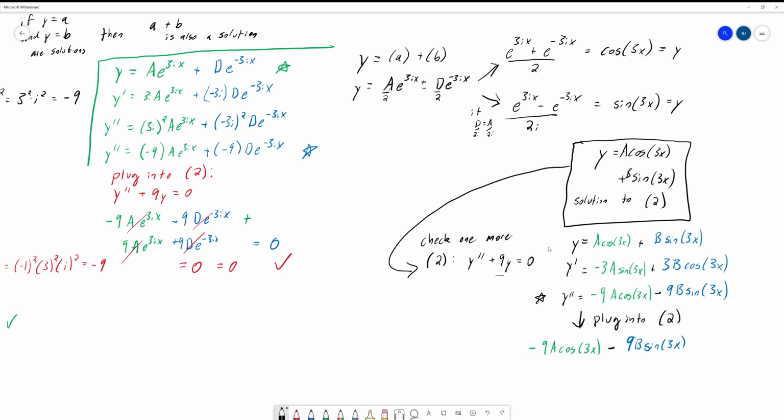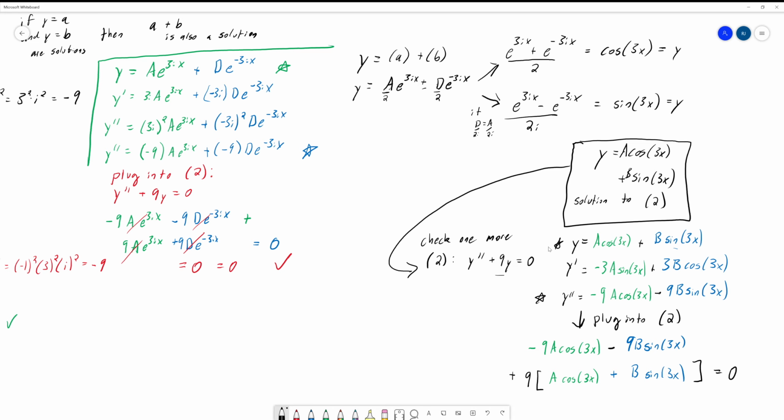So we're going to do plus 9 times y, which is here, plus 9 times a cosine of 3x plus b sine of 3x. And the last part of the differential equation is that this should equal 0.